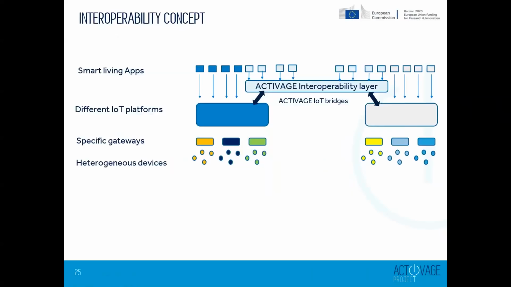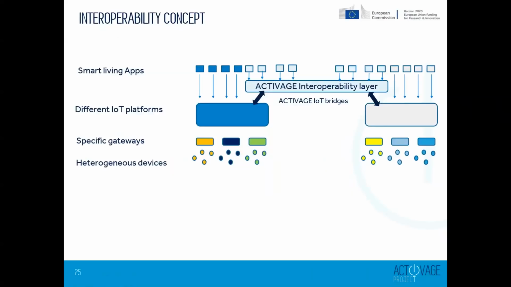Interoperability is the core concept of the project. We have these heterogeneous devices connected to specific gateways, and different IoT platforms can deal with these gateways. We can imagine a number of IoT-related protocols currently in the market that can be deployed in building or home environments.